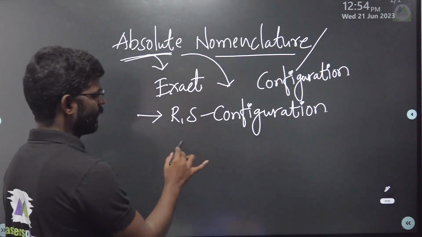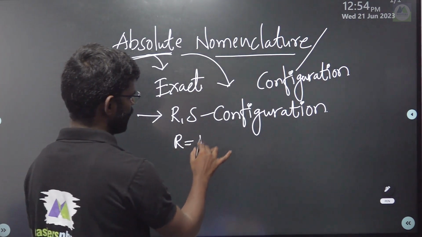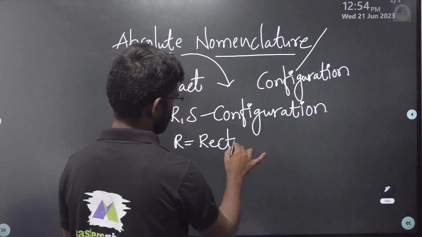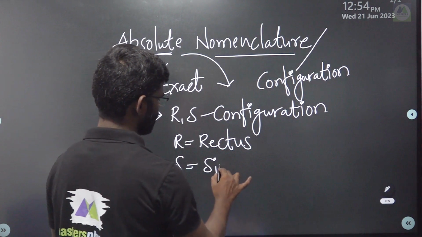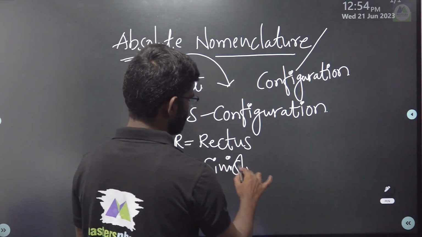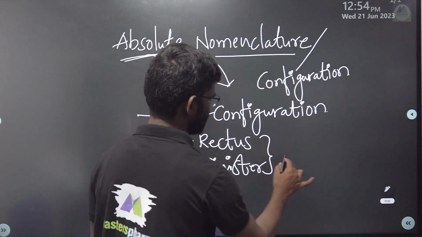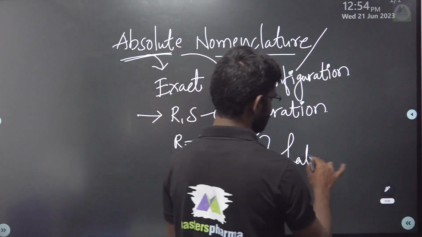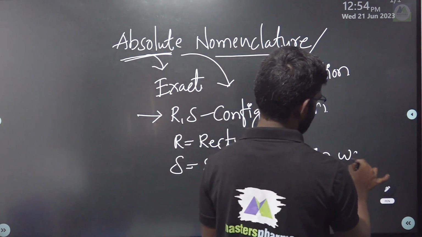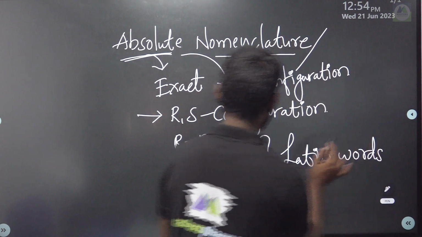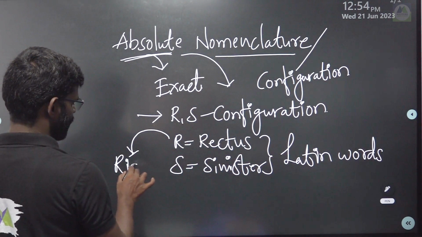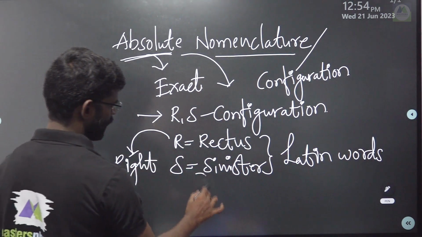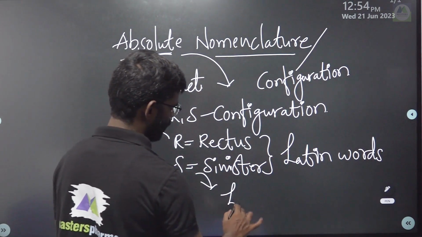What is R and what is S? R is equal to rectus and S is equal to sinister. Rectus and sinister are Latin words, where rectus means right and sinister means left.